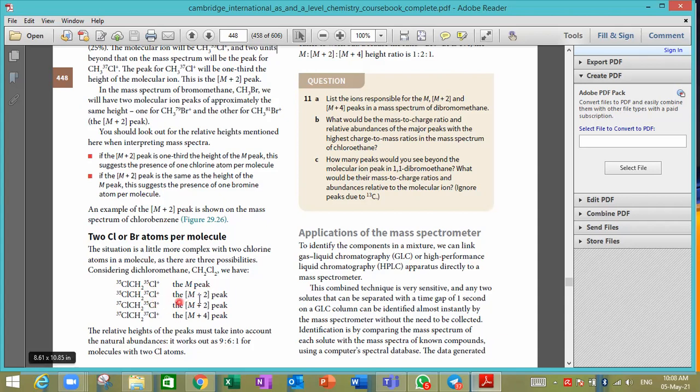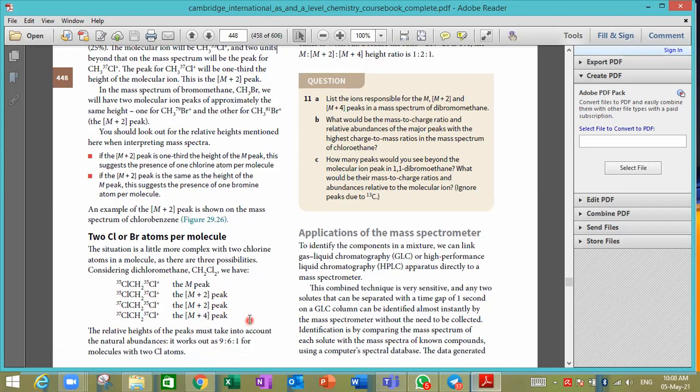The M+2 peak is when one of the chlorine atoms is 35 and the other 37. Of course, we have to say that also either this is the one that is 37 and the other is 35, but both will give the M+2 peak. Or if both chlorine atoms are 37, we get the M+4 peak, and we will get them in the ratio of 9 to 6 to 1.